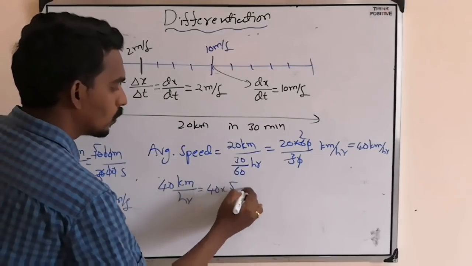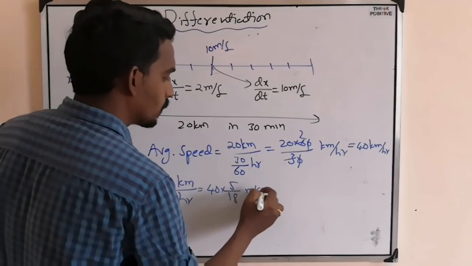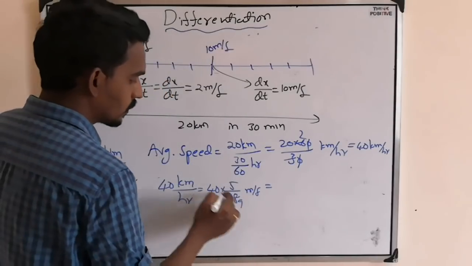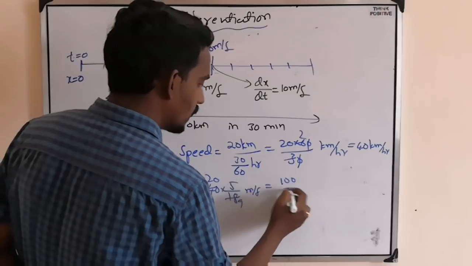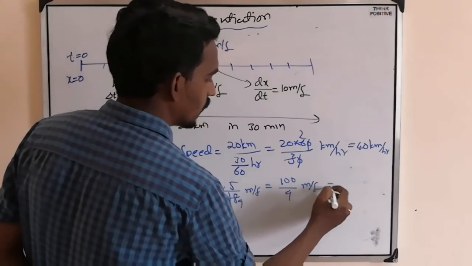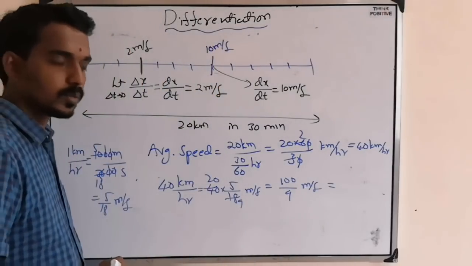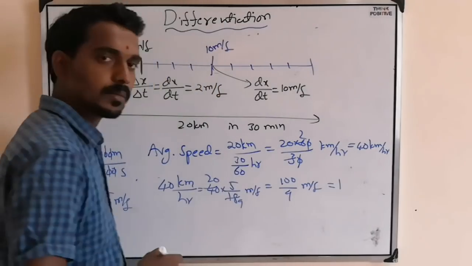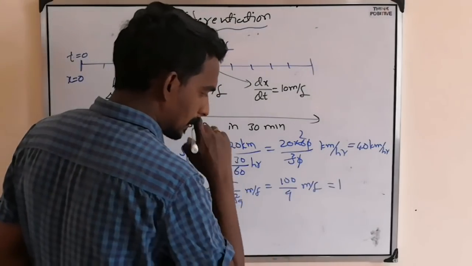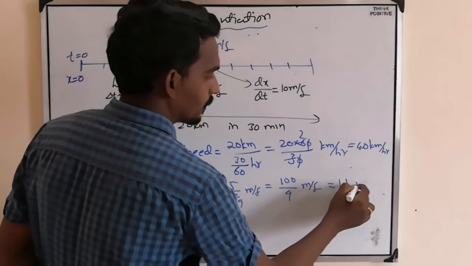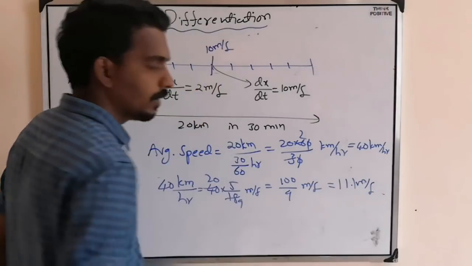So 40 into 5 by 18 meter per second. So 2 9s are 18, giving 100 by 9 meter per second. So approximately how much? 11 or 11.1.